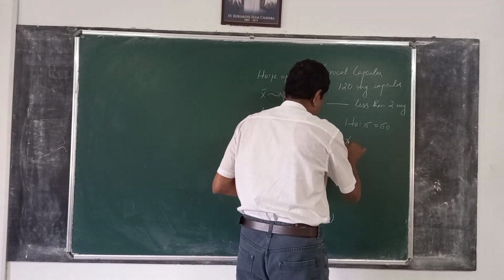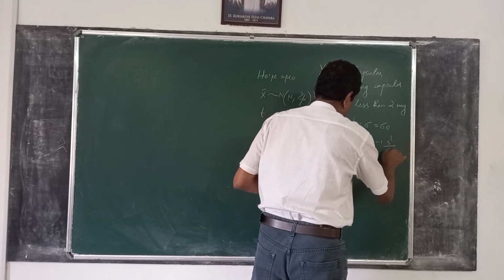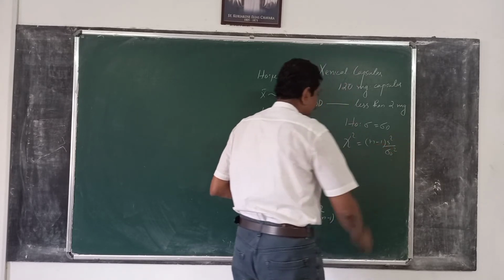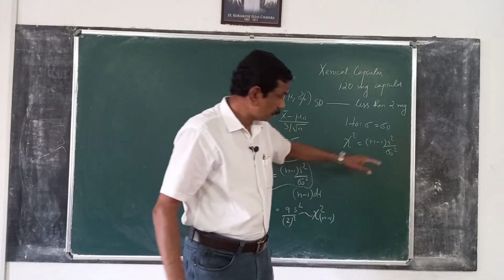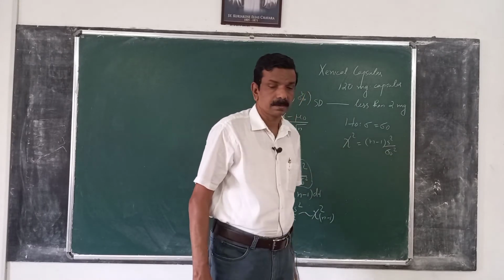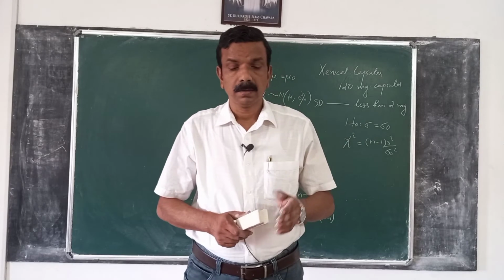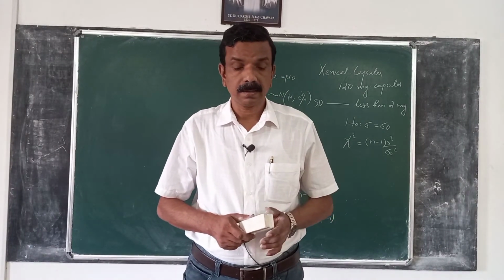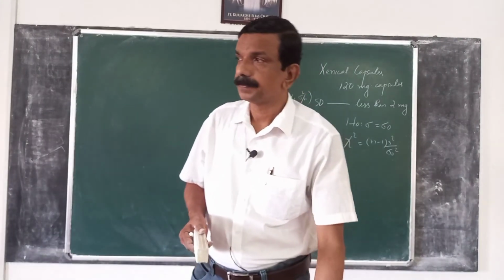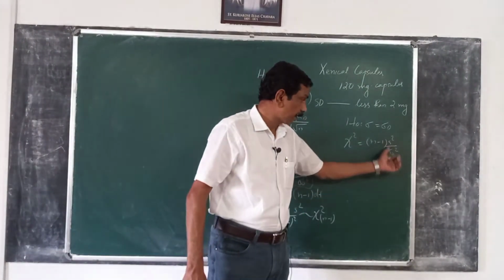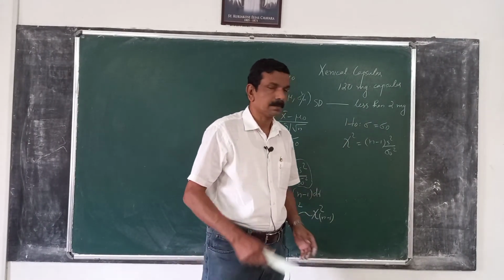The test statistic is chi-square is equal to n minus 1 into s square by sigma square 0, and we call this the test statistic, and we call the testing procedure the one standard deviation chi-square test, and this is the procedure.